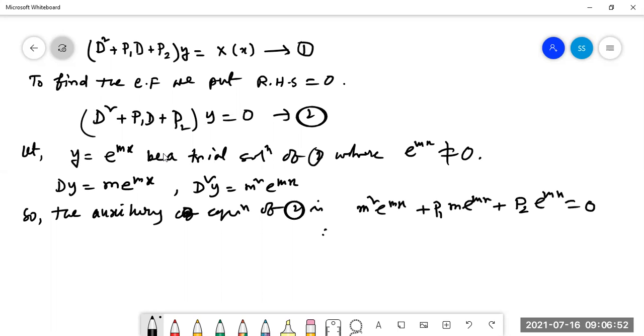So from here we get m² + P1 m + P2 = 0, which is nothing but a quadratic equation in m. So from here we get two values of m, suppose m = m1 and m2, as the given equation is quadratic. Isn't it?